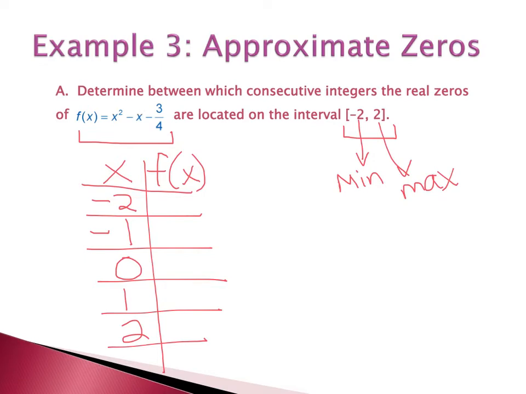I'm going to type this equation into my graphing calculator, go to my table, make sure my independent variable is on ask, fill in these x values from -2 to +2, and then record my y coordinates that correspond with each of these x coordinates.